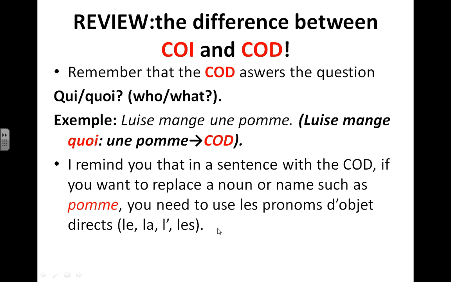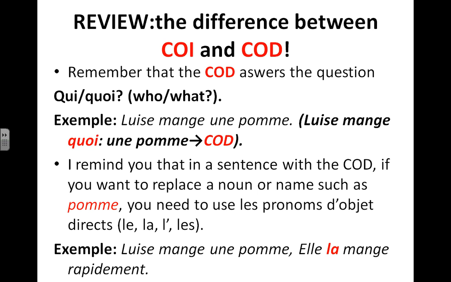One of these has to replace pomme. Let's see which one. Louise mange une pomme. Elle la mange rapidement. Okay, la substitutes pomme. Pomme is feminine, so la will be your right pronom d'objet direct.